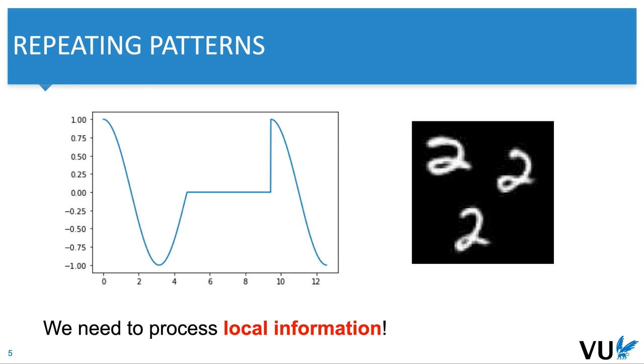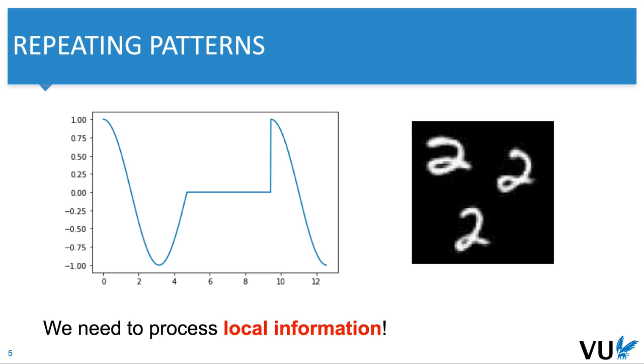However, in reality, we have a lot of repeating patterns. For instance, on the left, we see a signal that has some part of a cosine or sine function, and then it reappears again after some time. On the right, we have digits of the same handwritten digit, but written in a slightly different way.